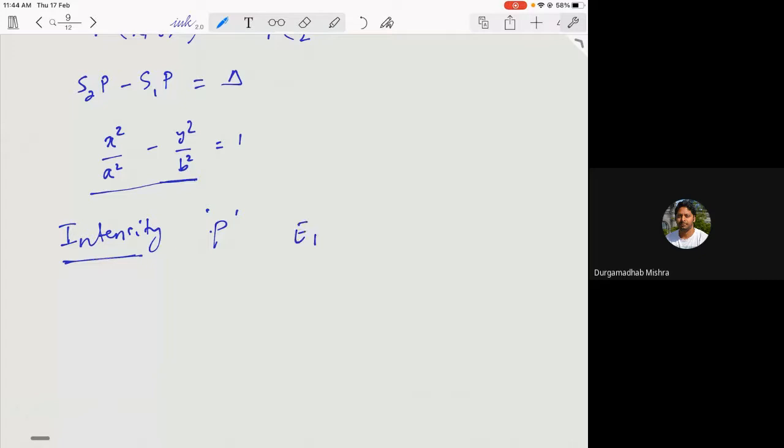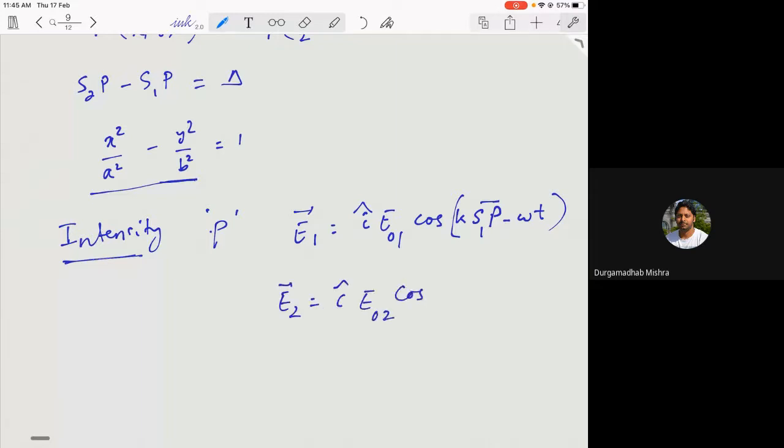So here, if we are using the electromagnetic wave, and we say they are traveling in almost the same direction, one wave is I cap E01 cosine (K S1P minus omega T), this is my X, this length S1P, and E2 vector will be E02 cosine (K S2P minus omega T).